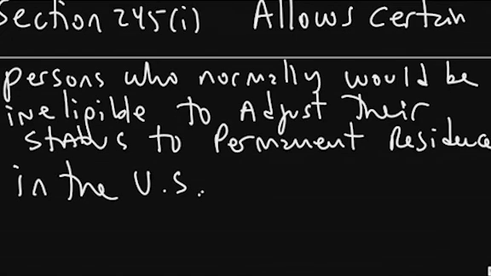So that section of the law allows certain individuals who normally will be ineligible to adjust their status to permanent residence.